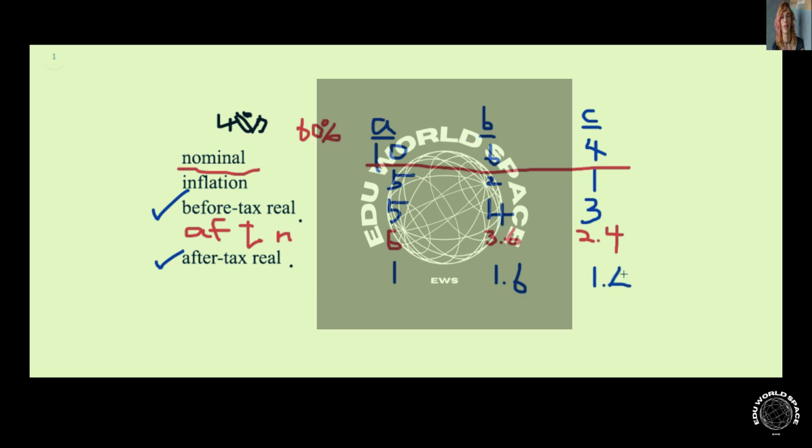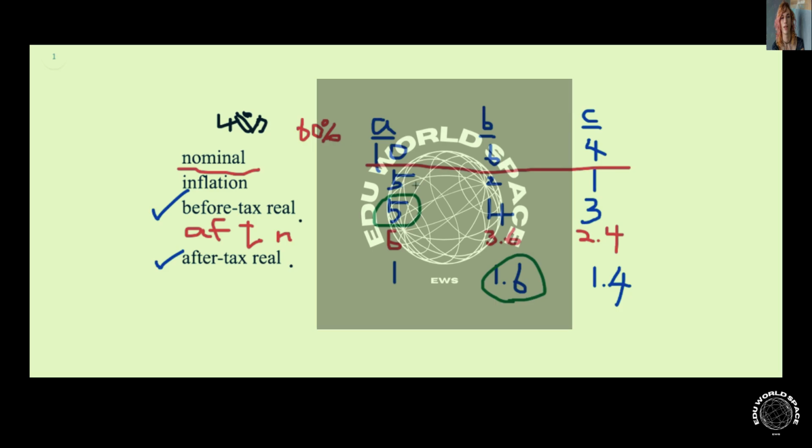So if we want to compare, the after-tax real interest rate is highest in question B, while if we only look at the before-tax real interest rate, the highest will be question A. So it is saying that when we're looking at this type of question, we have to consider the inflation, because in question A, the inflation is the highest.